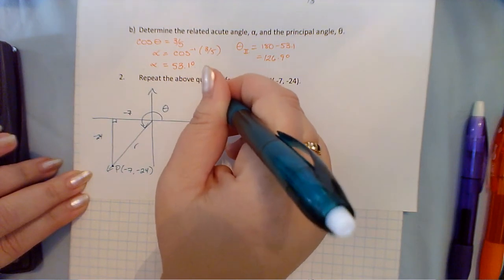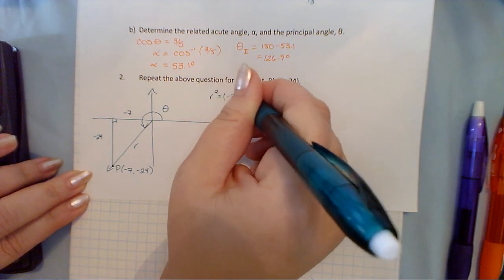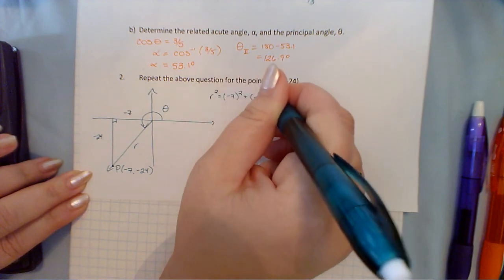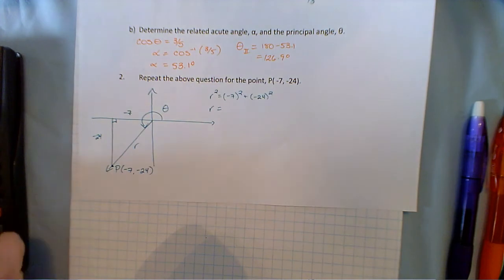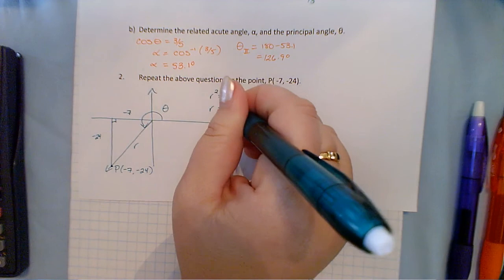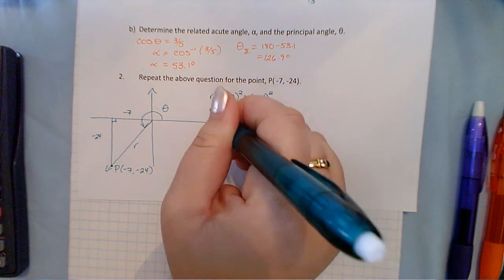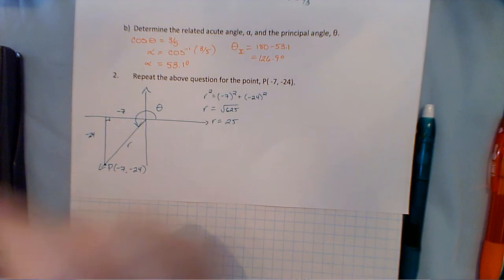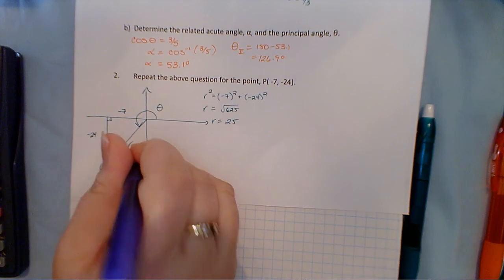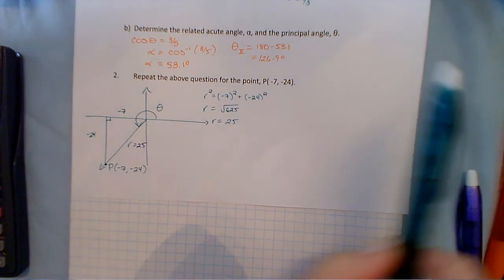R squared equals -7 squared plus -24 squared. And 576 plus 49, oh, look at that. Whatever the square root of 625 is, r is 25. So with an r value of 25, we don't again have to break that down.